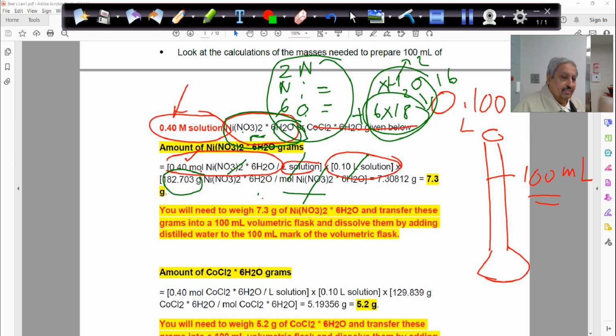What's really left is the number of grams, and it is calculated for you: 7.3 grams. Okay, guys. So you will weigh 7.3 grams of this compound, the nickel nitrate hexahydrate.